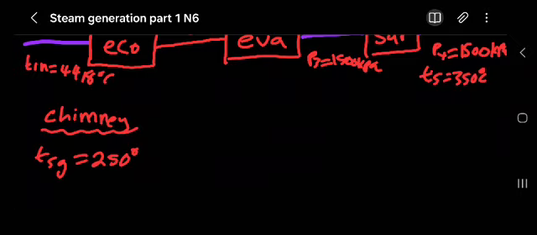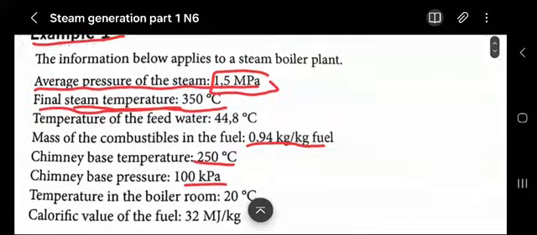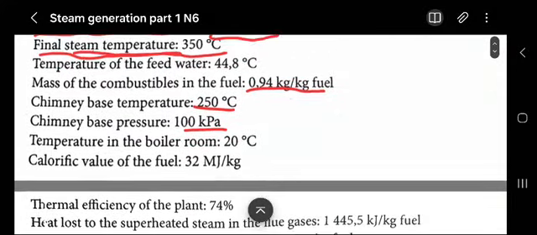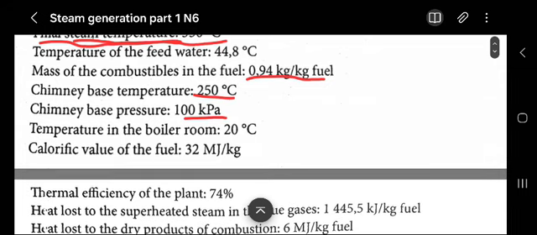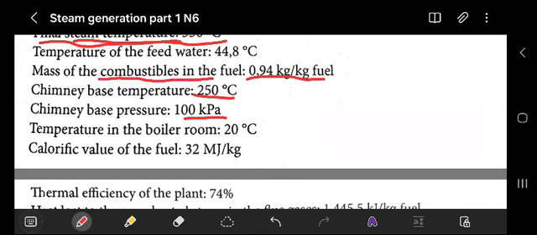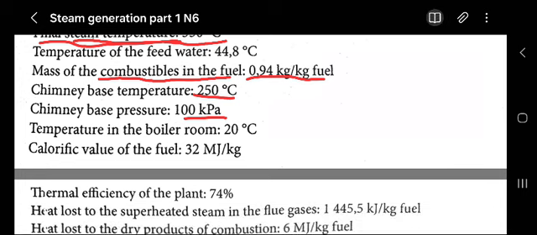Also we have the mass of the combustible in fuel, the mass of the combustible.